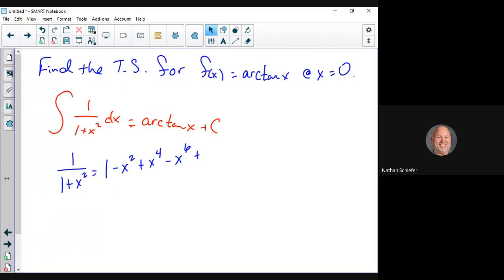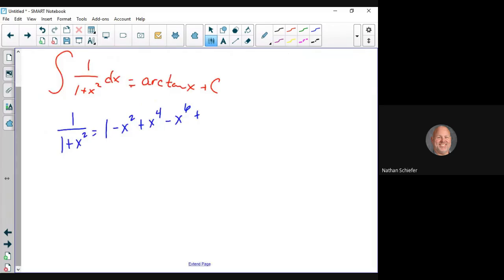And that's the series. So, if I know that this is 1 over 1 plus x squared, I could integrate dx infinitely. And that would mean arctangent of x is equal to what?